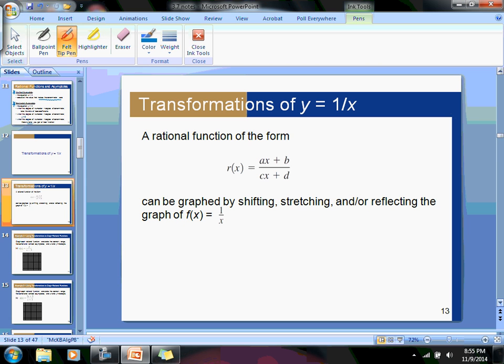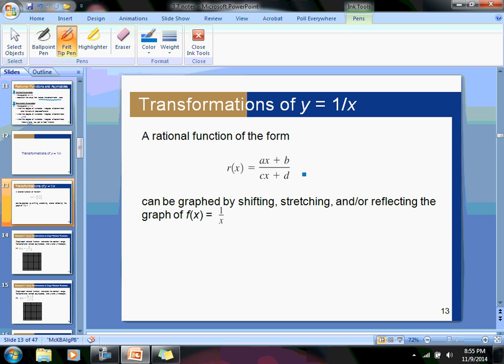And we're just going to take a look at some more complicated rational functions. Okay? And we're not going to focus a whole lot on the transformations, but all those transformation properties that we've talked about still apply: adding or subtracting can move a graph up or down, multiplying can stretch a graph, and adding or subtracting inside the parentheses with x can move the graph left or right.